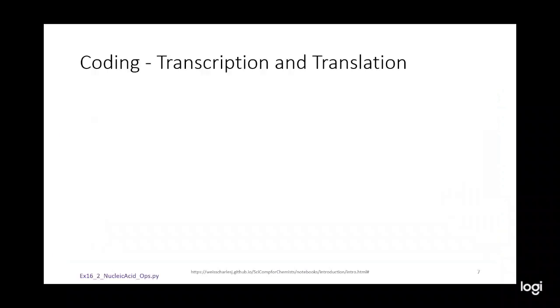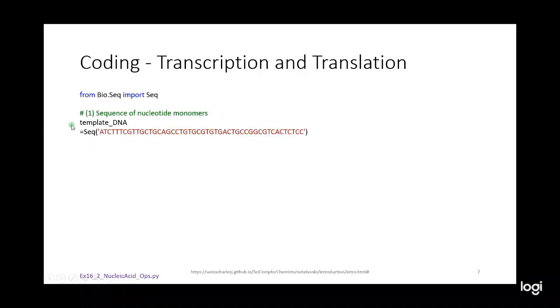Let's walk through the process of converting DNA to RNA and ultimately to a protein sequence using BioPython. The template DNA sequence is first created using the Seq function with the sequence as a string.